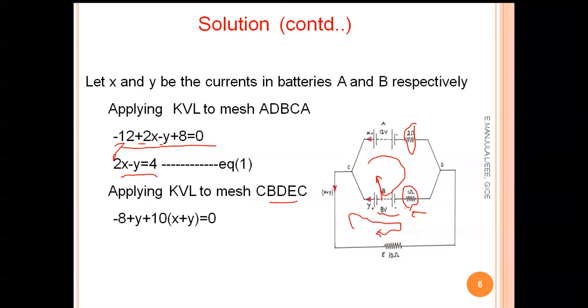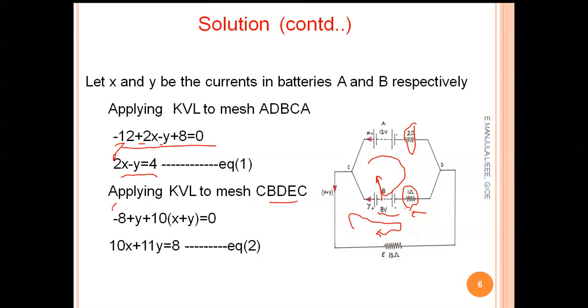And if you see the direction of the current and the direction of the loop are opposite, so plus 10 into x plus y, which is equal to 0. So here 10x plus 11y is equal to 8. This is equation 2.